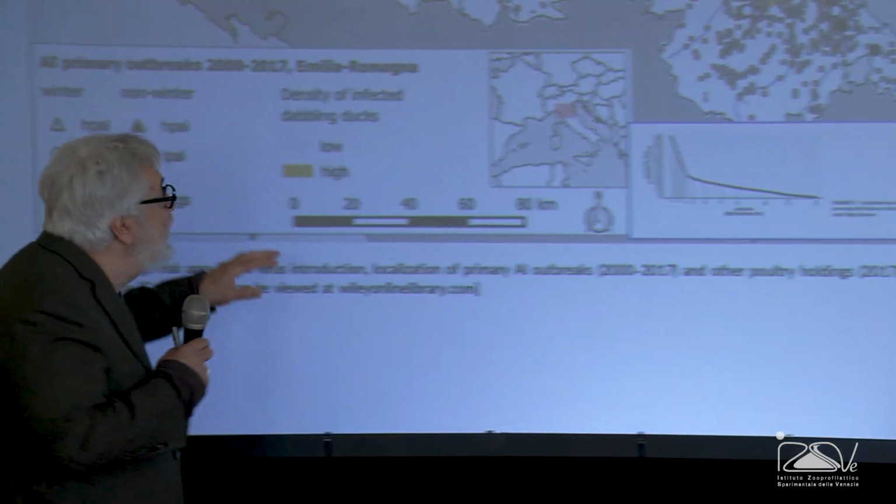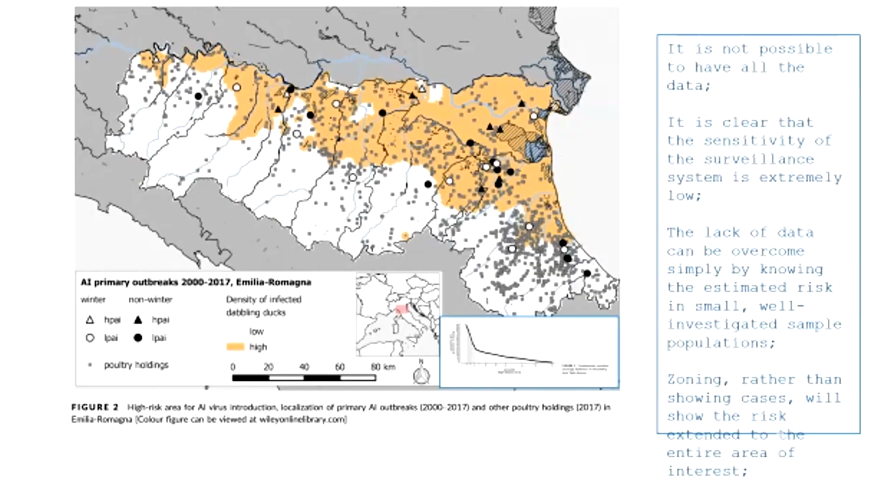And so you can draw a map where you have your birds interested in the spreading of avian flu. You don't need to go to sample, because whatever you do is not enough to understand where you have the disease exactly. So it's better to imagine where you can have the disease.